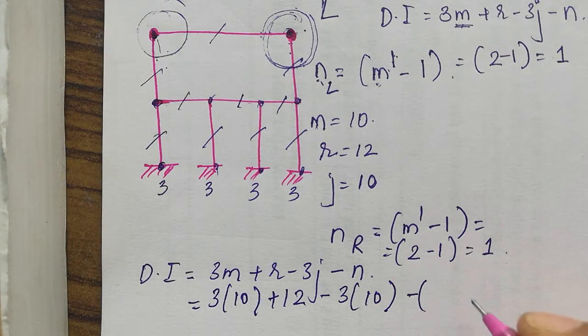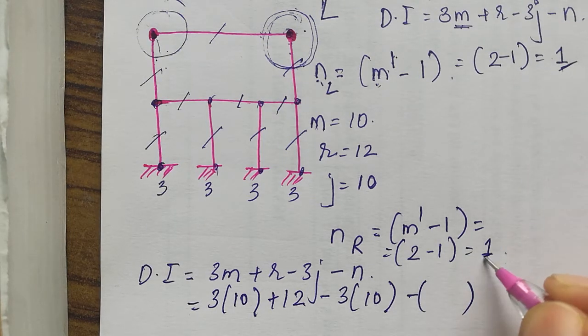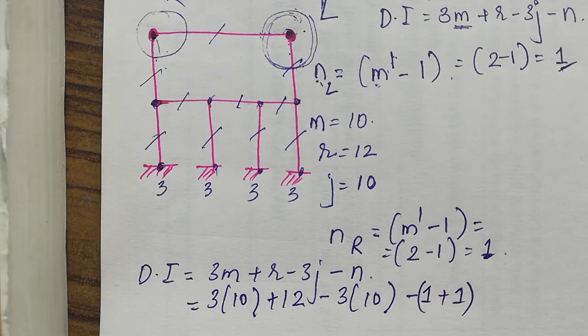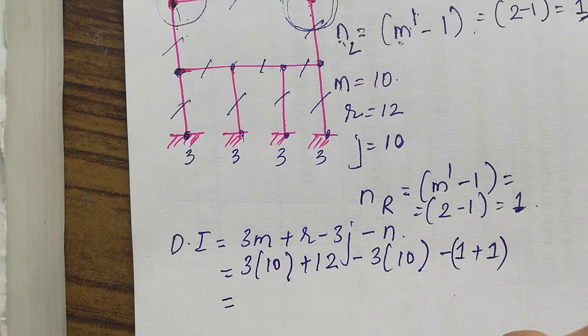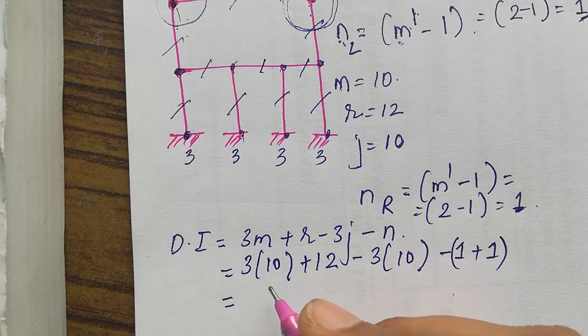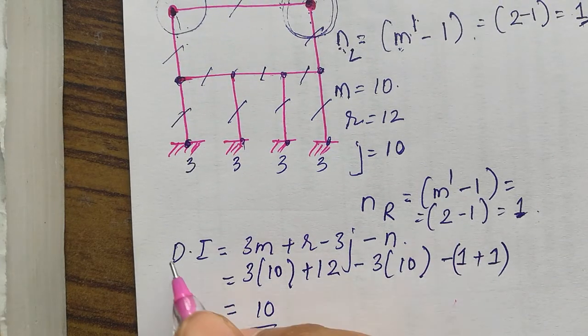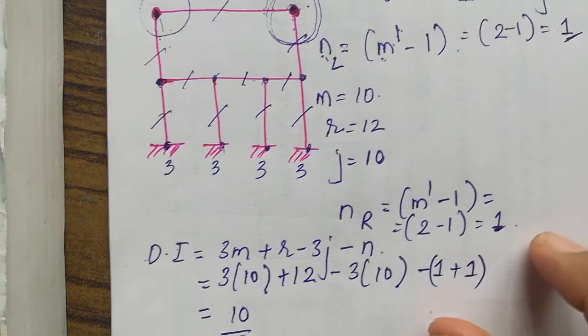Now n of the left and n of the right, so it is 1 plus 1. So in total you will get the degree of indeterminacy as 10.